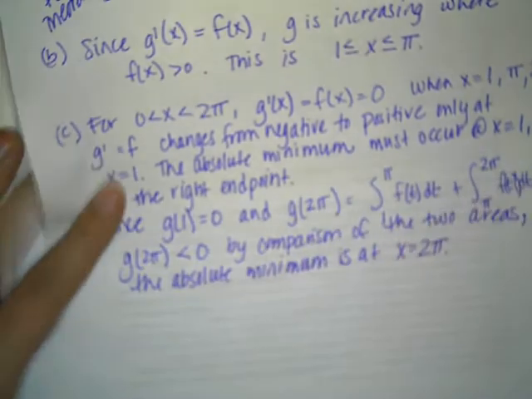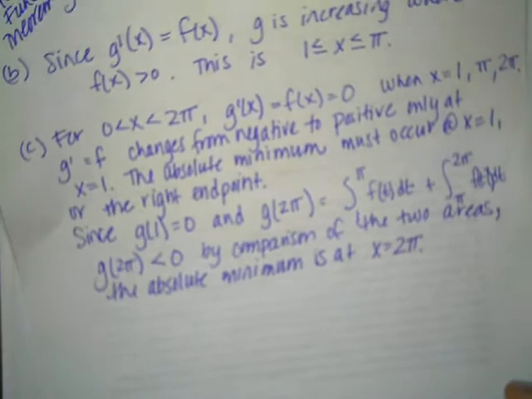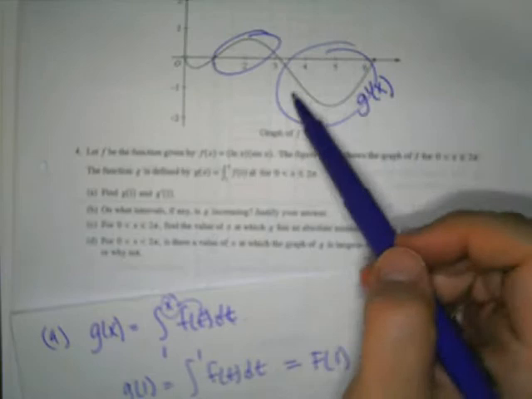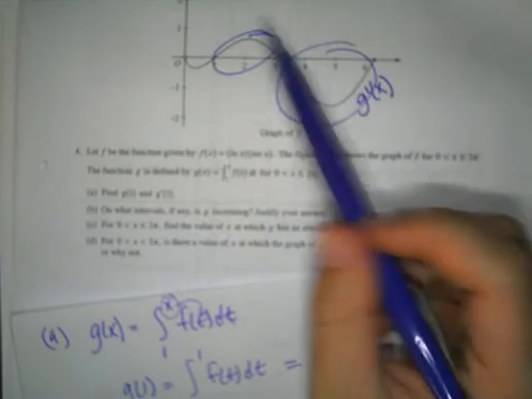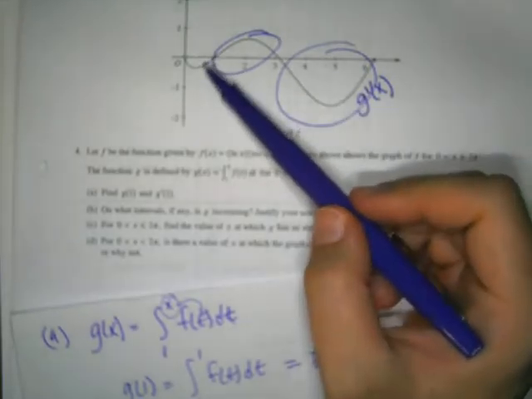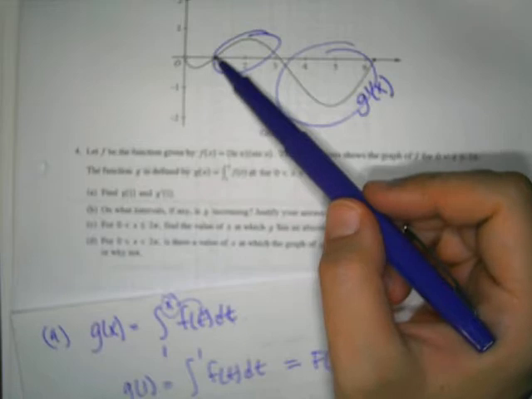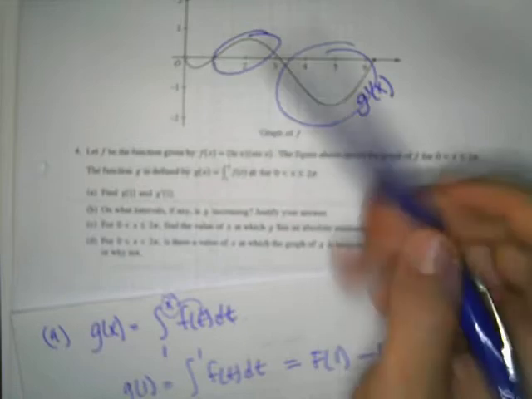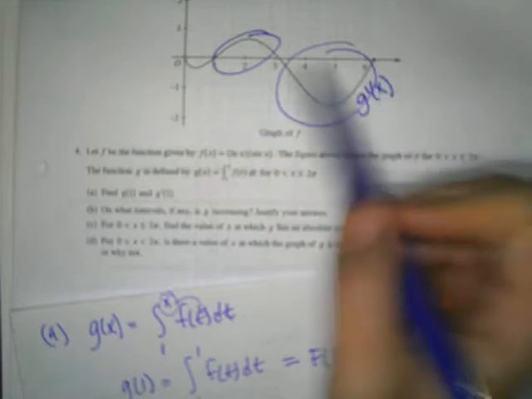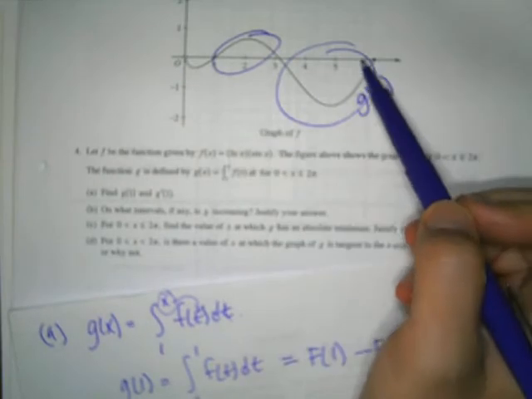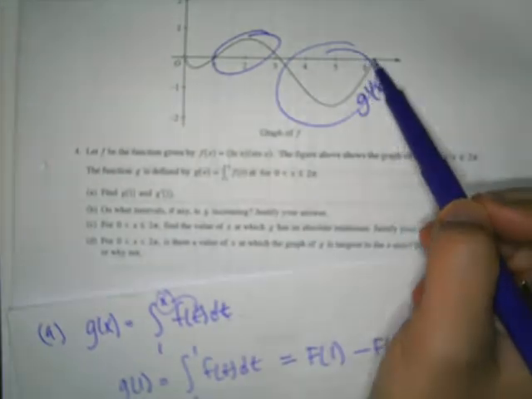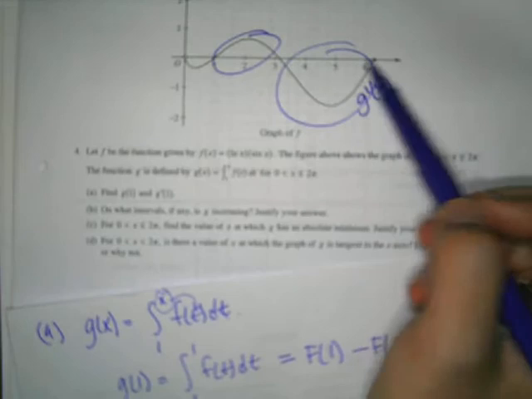Okay, so let me just walk you through that again. You look at the graph, recognize this is the derivative graph of the original function. So because the derivative changes negative, positive only once here, that's a relative minimum. But then I also have to check the right endpoint here, because I can see that I increase and then decrease again. So I might be lower in my original function here, because I might have decreased further than this.